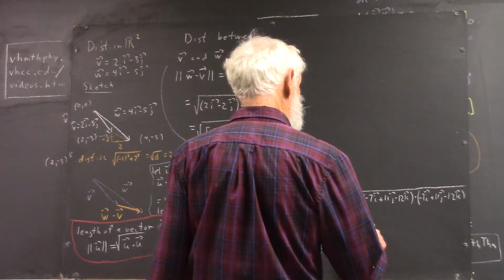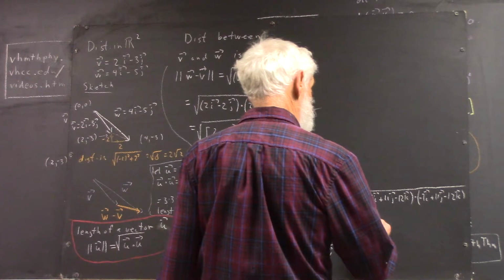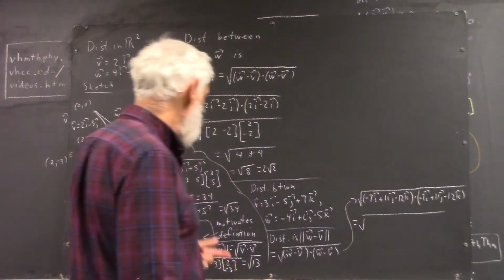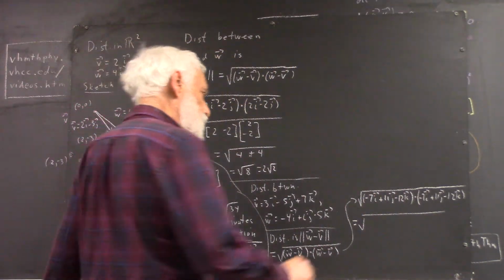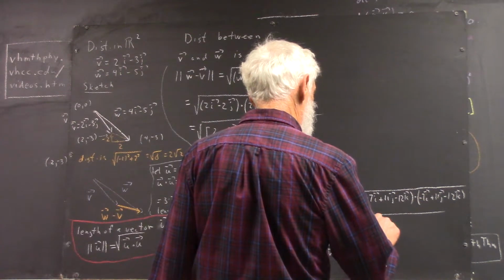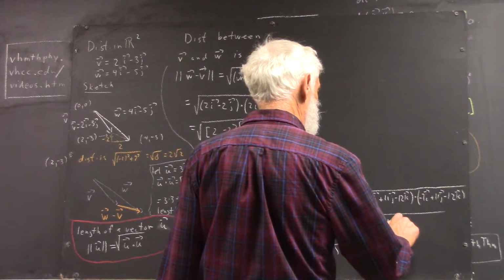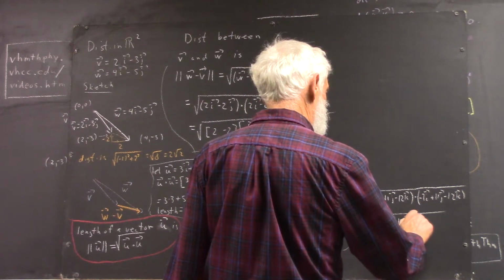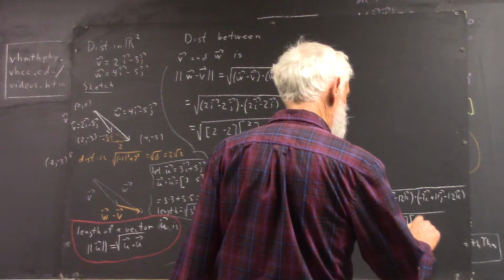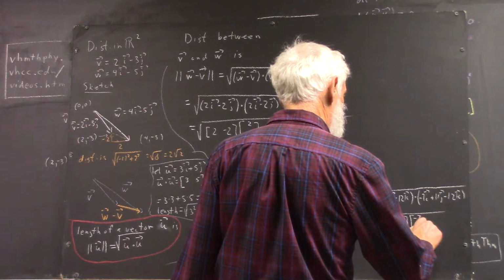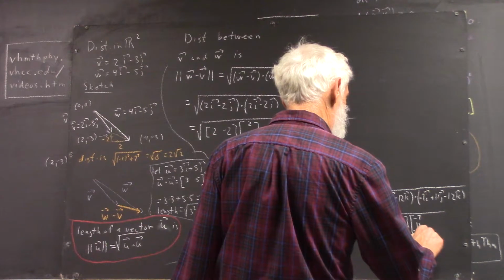Well, what does this equal? Now, I could write out the row vector. I guess I will. But this is such an easy calculation that pretty soon I'm just going to go through by writing the result down.